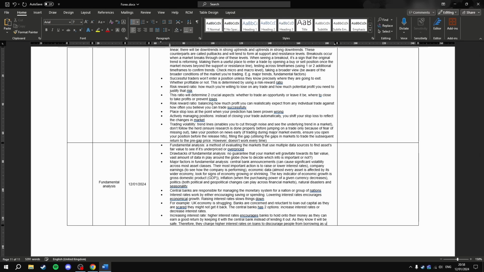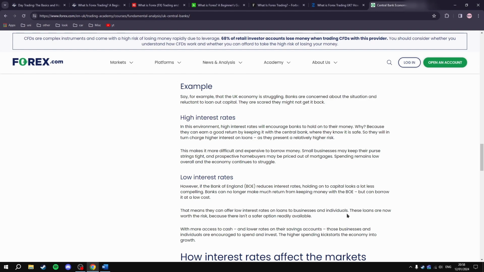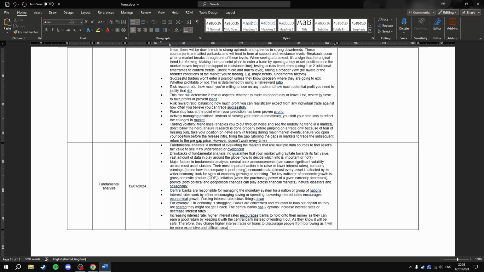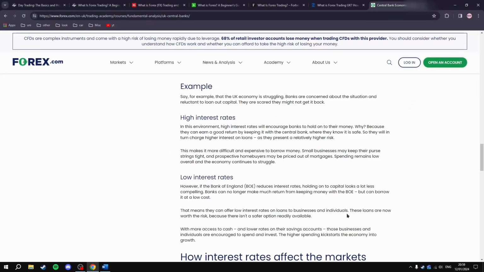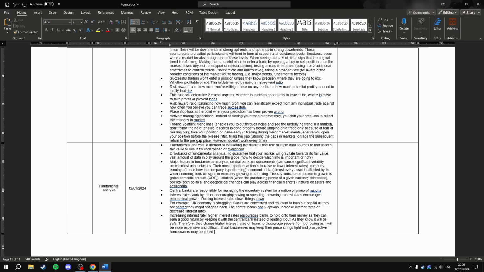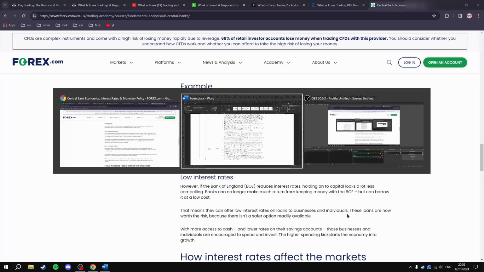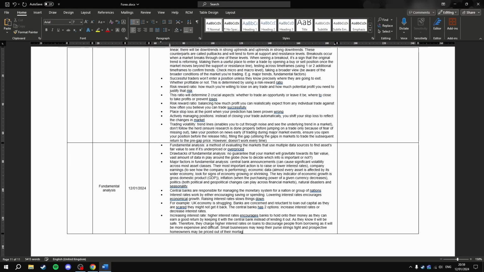Small businesses may keep their purse strings tight, and prospective homeowners may be priced out of their mortgages.